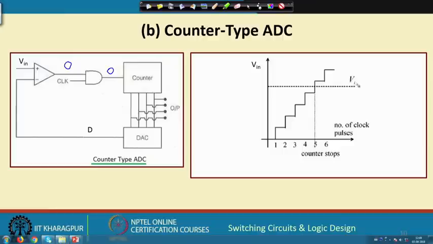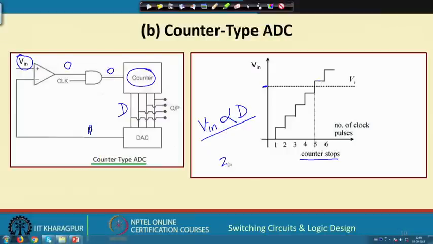As soon as it crosses this V in, let us say this is your input voltage level, whatever voltage you have applied, the counter stops, and at this point whatever is the value in the counter, that is the equivalent digital value D. V in will be proportional to D. So, you are getting the value of D, 0, 1, 2, 3, 4.